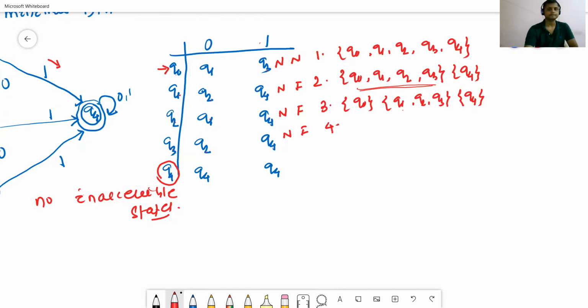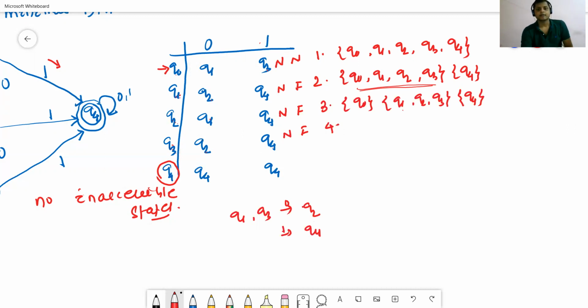Check. See here, Q1, Q2, Q3 reading 0 go to a non-final state, and Q1, Q2, Q3 reading 1 go to the final state. But Q1 and Q3 both read 0 and go to Q2, and Q1 and Q3 read 1 and go to Q4.